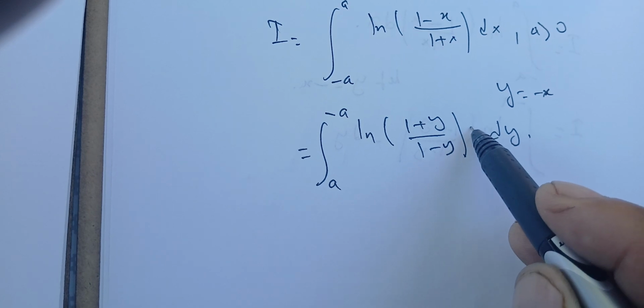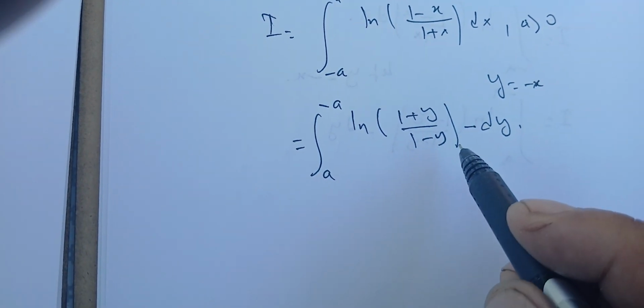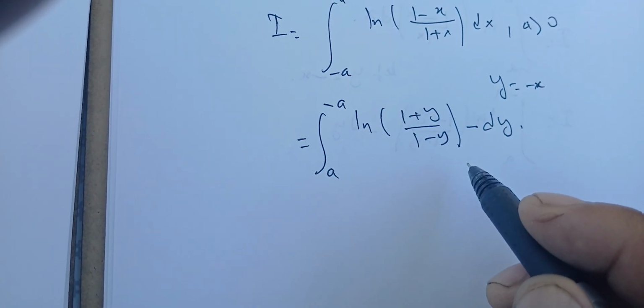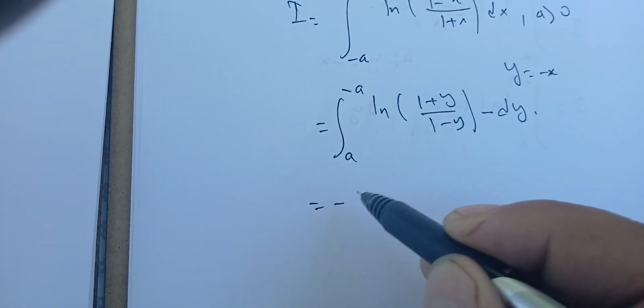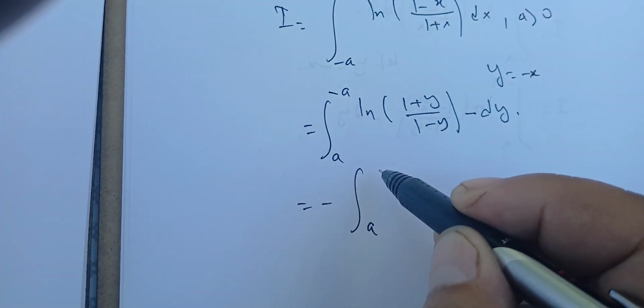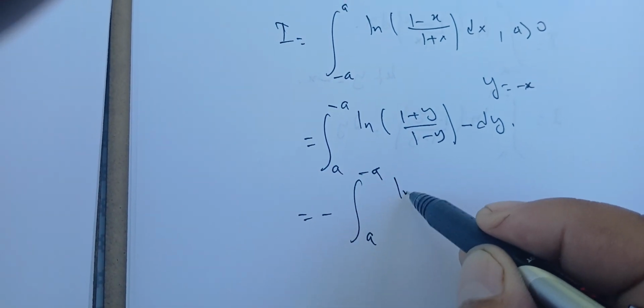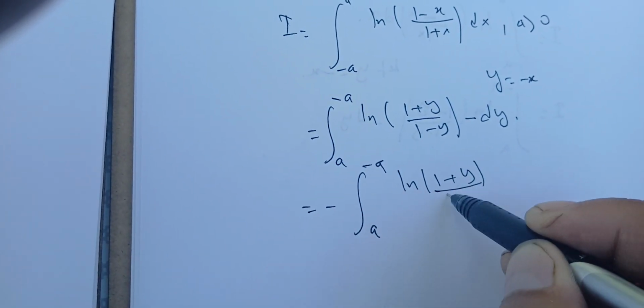Here we're going to use this minus to the front. So we see here that we can take this minus to the front. It's going to be the integral between a and minus a, the natural log of 1 plus y over 1 minus y dy.